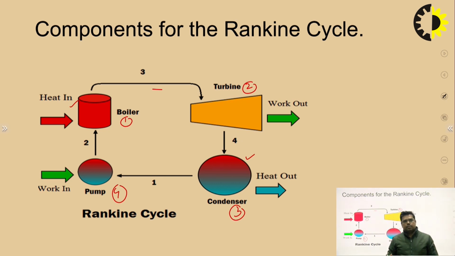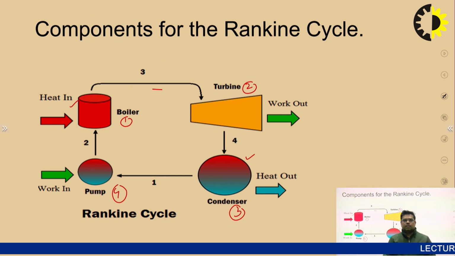That process of converting heat input into work done is known as the Rankine cycle. If heat is the input and work is done, and we don't reuse this heat, then this is called an open cycle. There is a wasting of heat, and in that condition the efficiency is very poor.